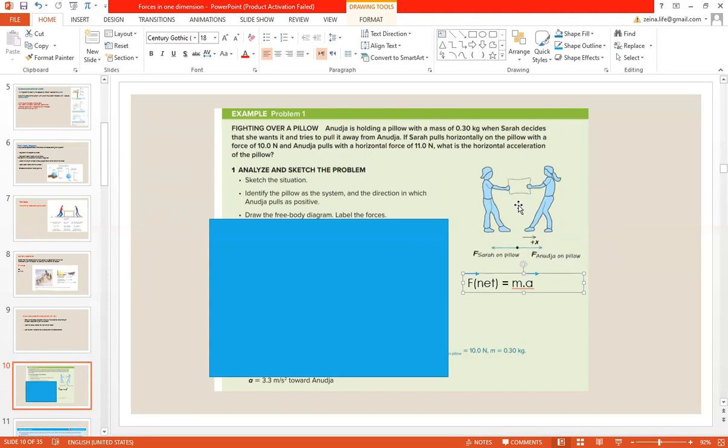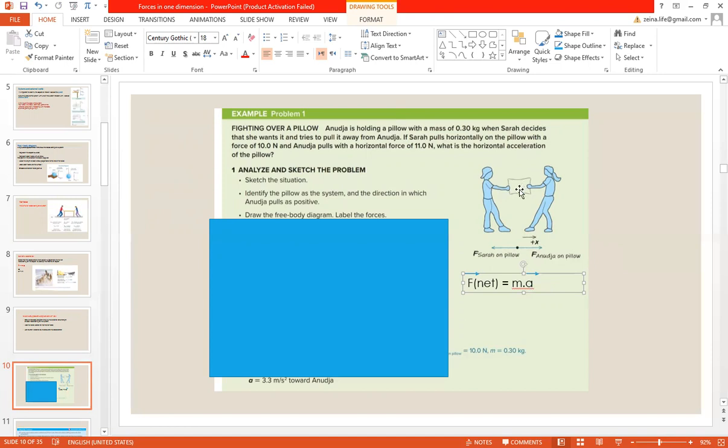What are the forces acting on the pillow? It is the force exerted by Anuja and the force exerted by Sarah.